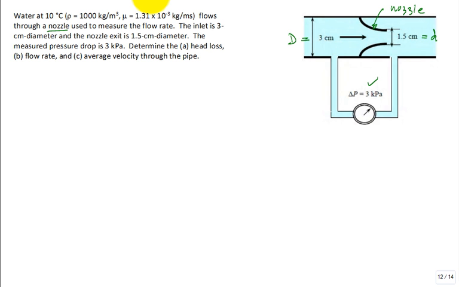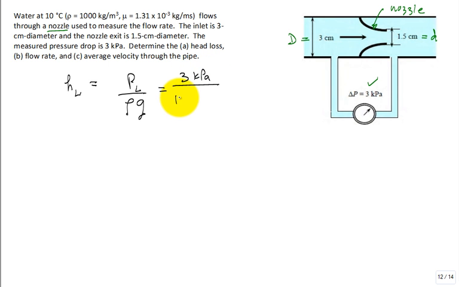That's going back to your question. It's like pressure loss, head loss. We almost use them interchangeably. I know I do. So how do I go between pressure loss and head loss? Just divide by rho g, the weight density. And so we have 3 kilopascal.